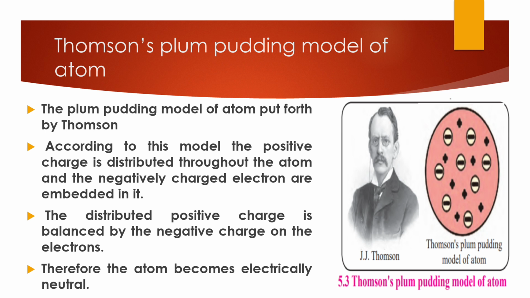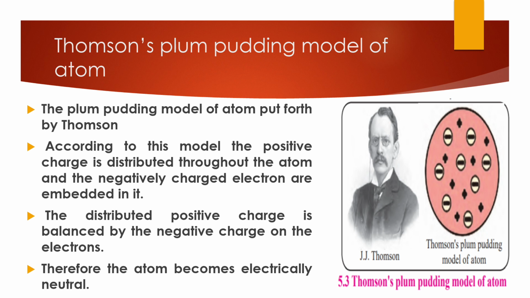The distributed positive charge is balanced by the negative charge on the electrons, and therefore the atoms become electrically neutral. These are the postulates of Thomson's plum pudding model.